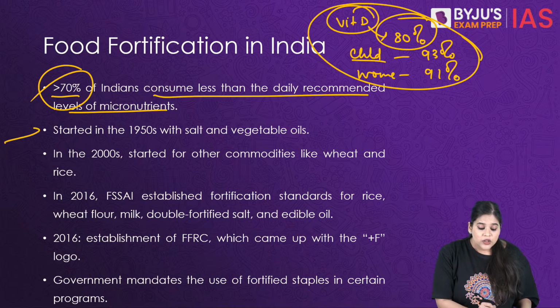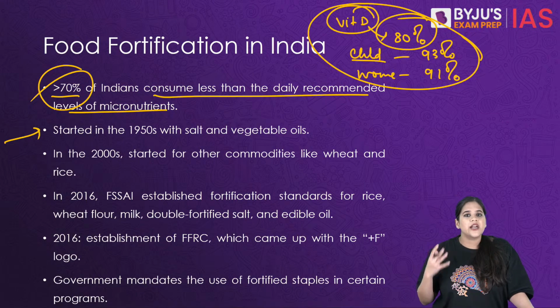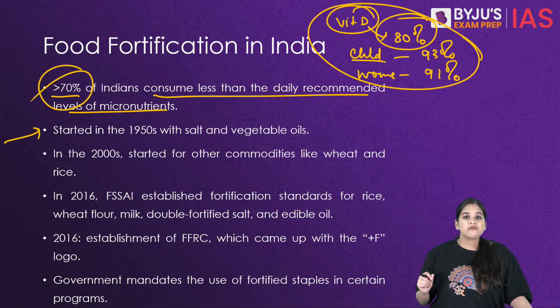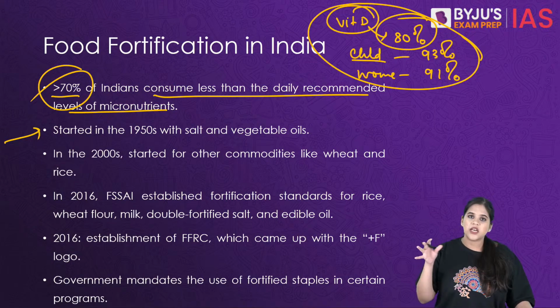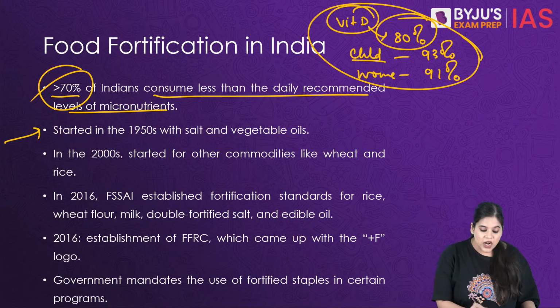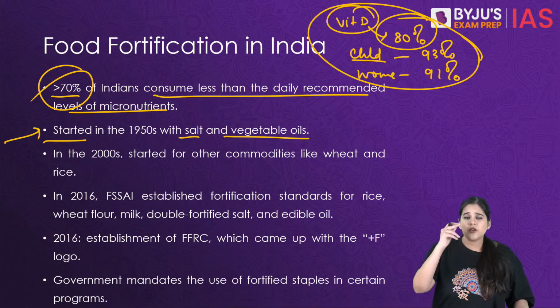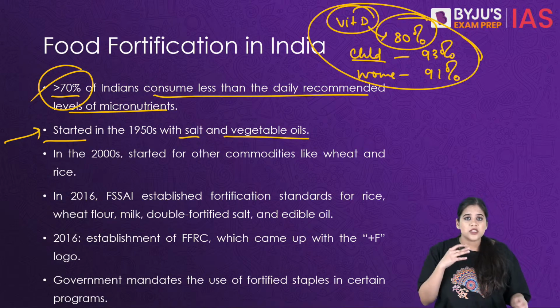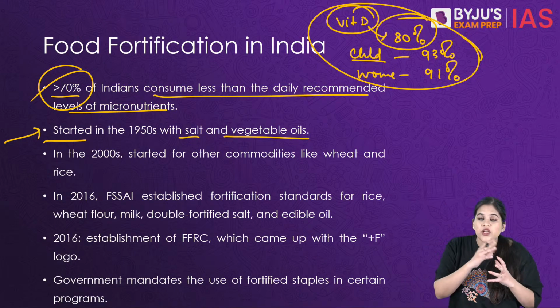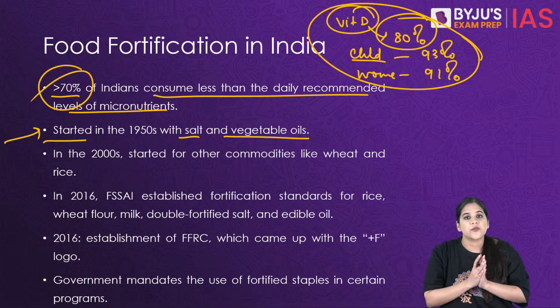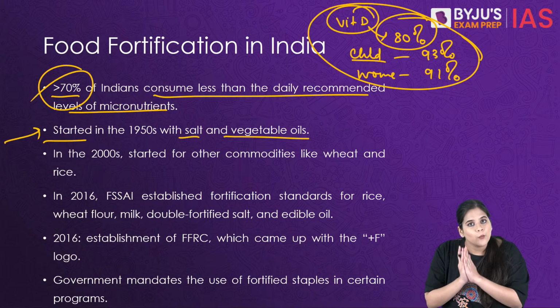Because of that, India identified the problem very early, and just after our independence, in the 1950s itself, we started with the fortification of salt and our vegetable oils. At the turn of the millennium, in the 2000s, we started with fortification of other food products as well, especially rice, wheat and milk.